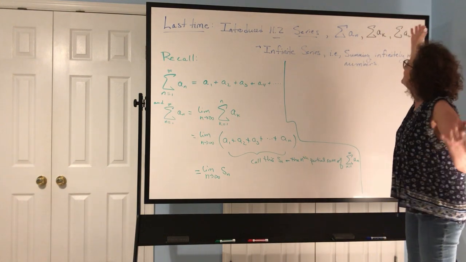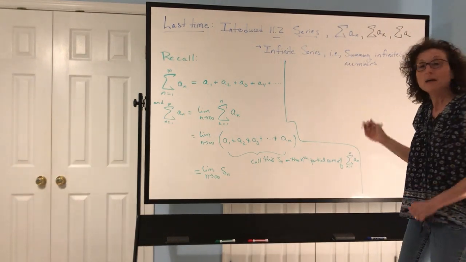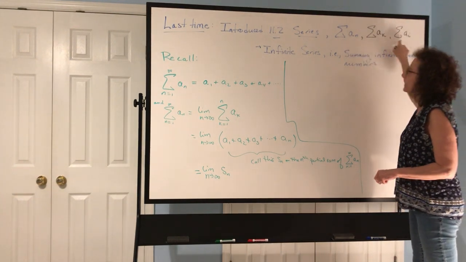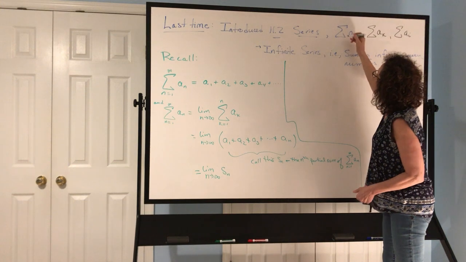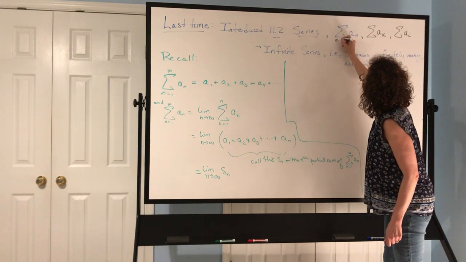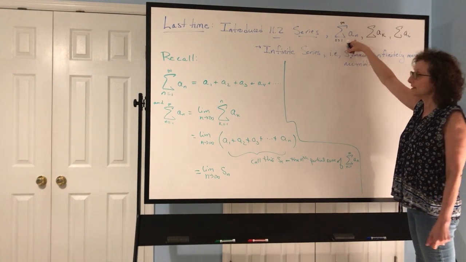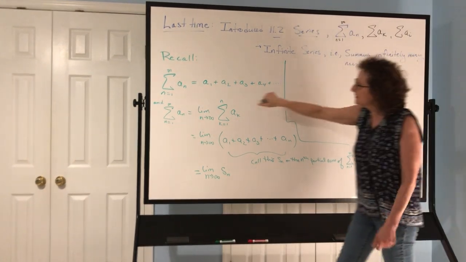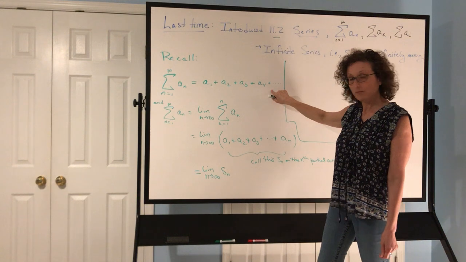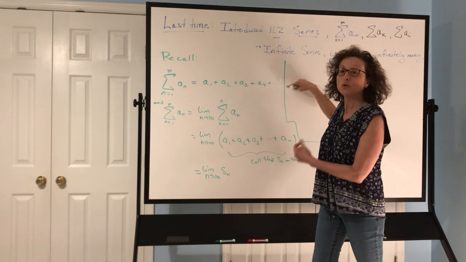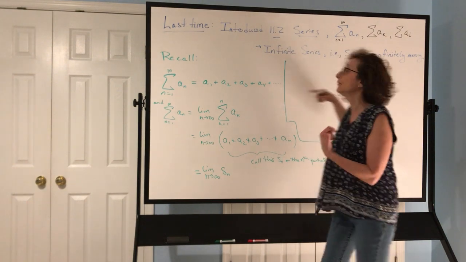All of these things just mean an infinite sum, and it's only going to be different if I start putting letters down here. So if I say sum n equals 1 to infinity, then that tells me I start counting at n equals 1, and these a sub n's are what we have written out right here: a1 plus a2 plus a3 plus a4, going on and on forever.